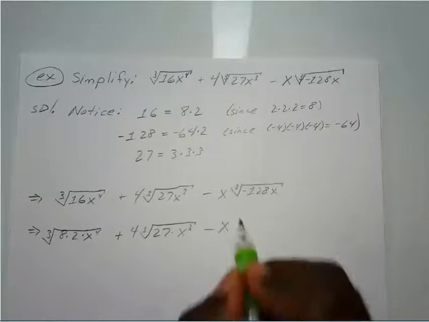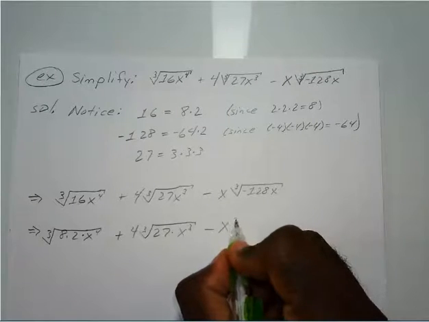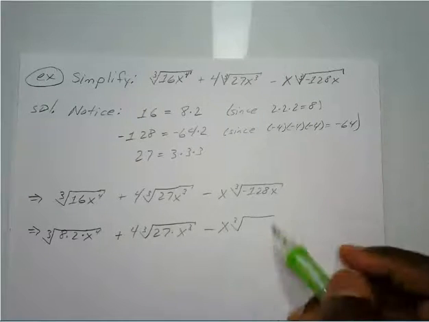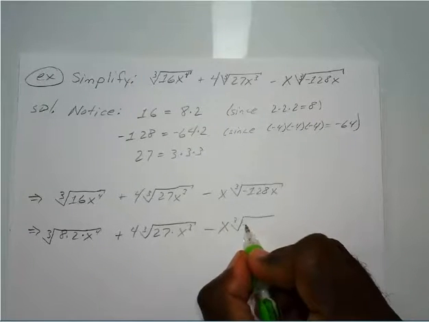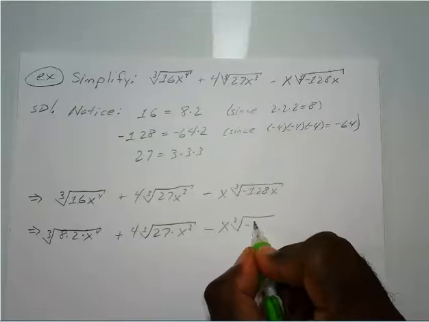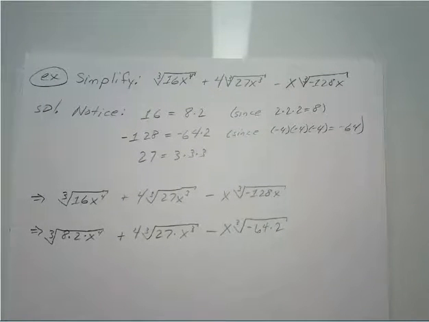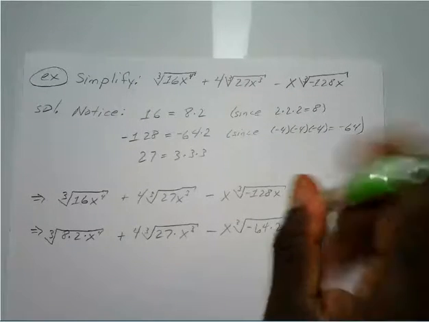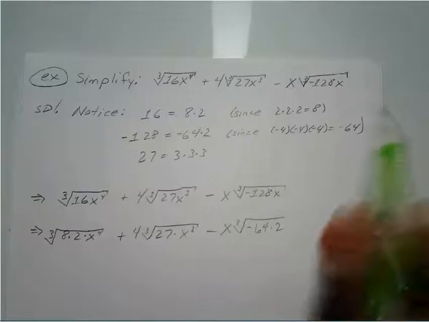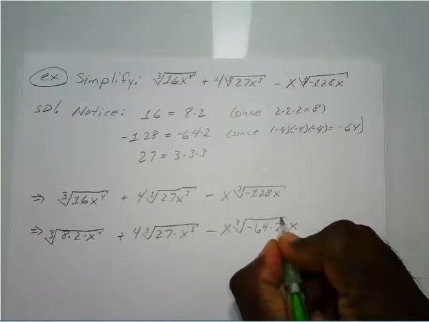Minus x times the cube root of negative 64 times 2 times x.